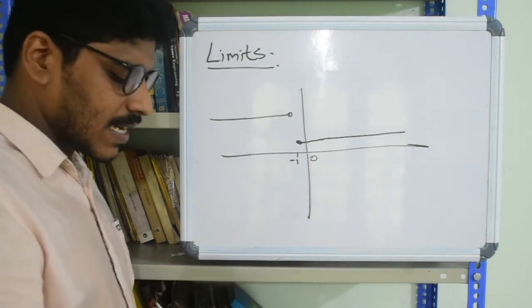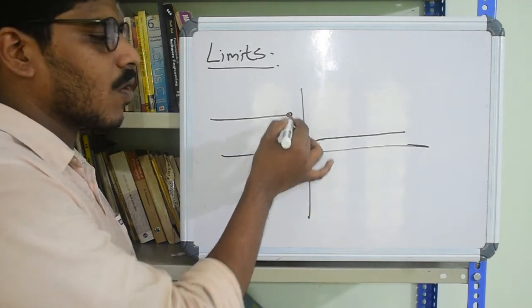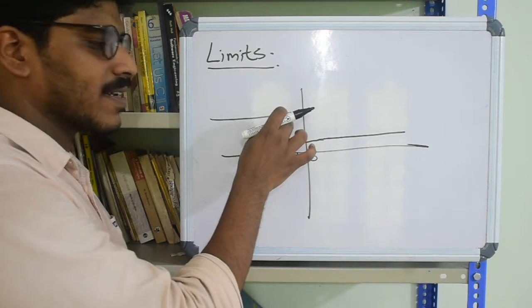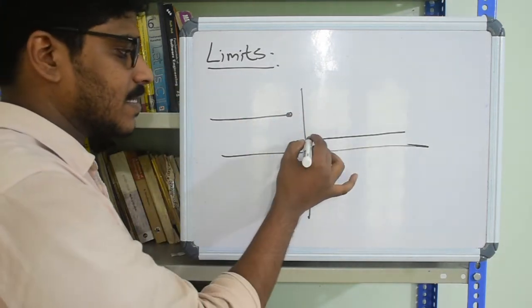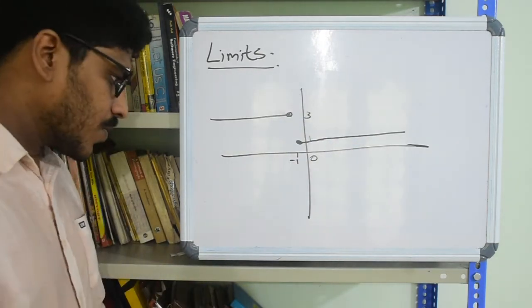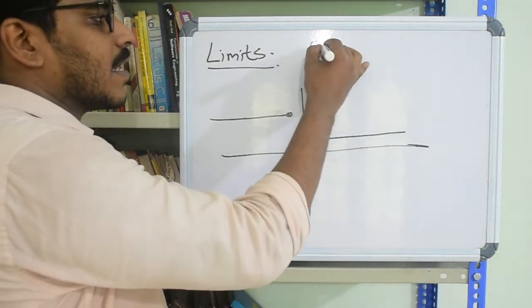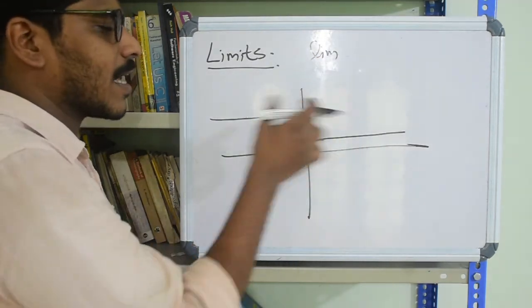So this is the graph of a function. See, this is a hole. This is a hole. Hole means the function is not defined. The function has its definition elsewhere here. So this is 1 and this is 3. So if you are asked to find the limit, see, this is the graph of a function f.